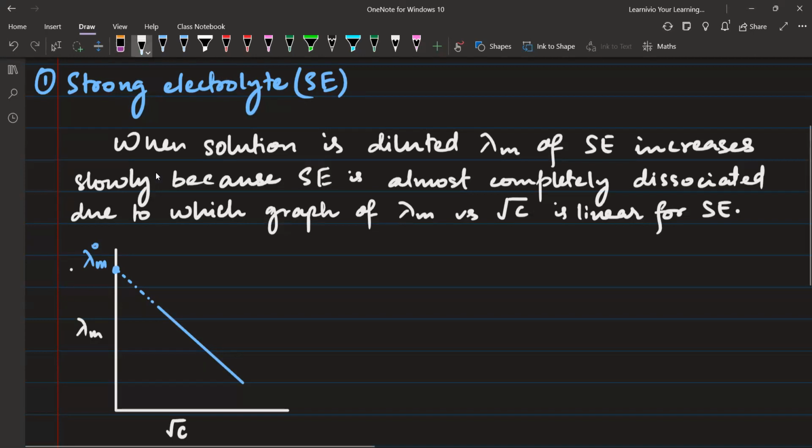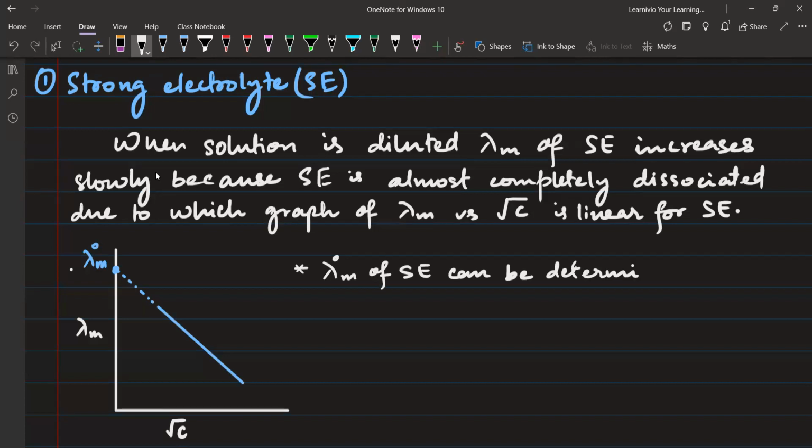Right. So from this graph itself, we can see that lambda naught m of strong electrolyte can be determined using this plot.